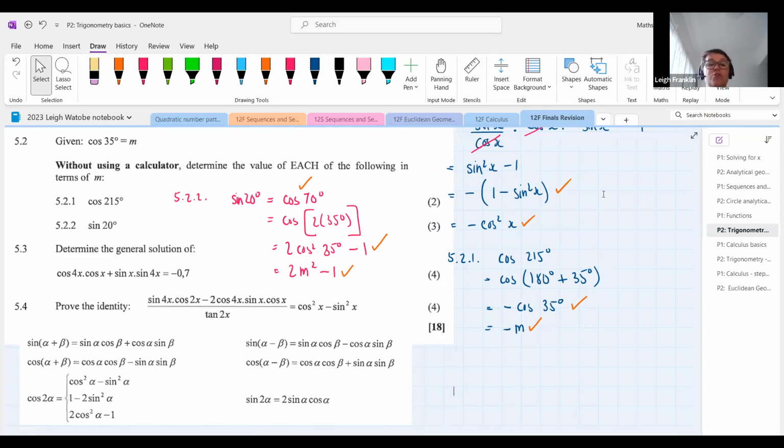So they want us to determine the general solution of cos 4x cos x plus sin x sin 4x equals negative 0,7. What do you think is going on here, Matrix? What do we have on the left-hand side?